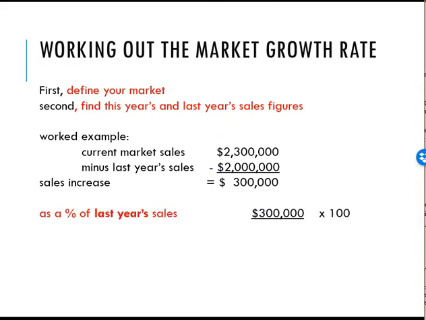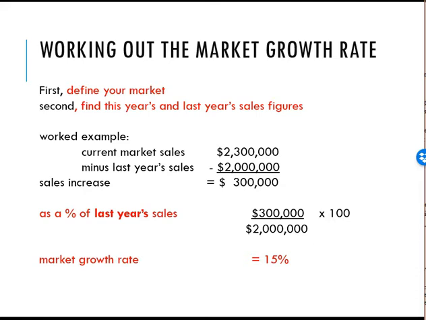We would take that $300,000 and as a percentage of last year's sales, we would divide it by last year's sales, in this case 2 million, and that would give us a percentage. The percentage would then, or it would be a decimal, and then of course multiply that by 100 in order to get your percentage rate. So in this example, we have a 15% market growth rate.